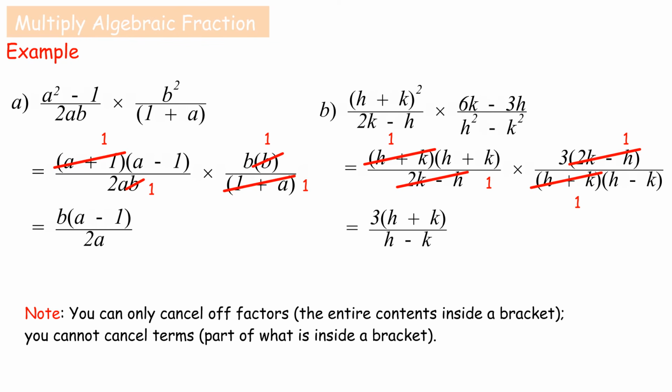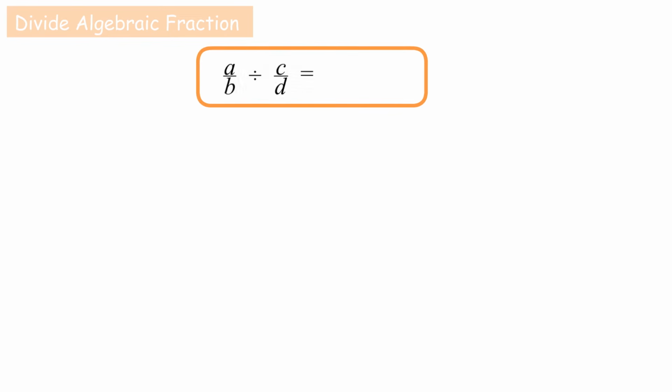bracket. Dividing algebraic fractions. To divide algebraic fractions, find the reciprocal or flip the second after the division sign and multiply the fractions. A over b divide by c over d equals a over b times d over c.